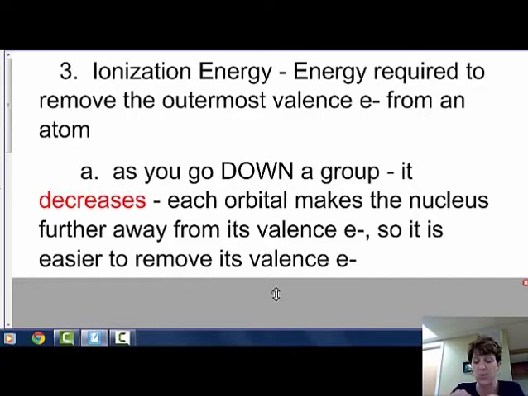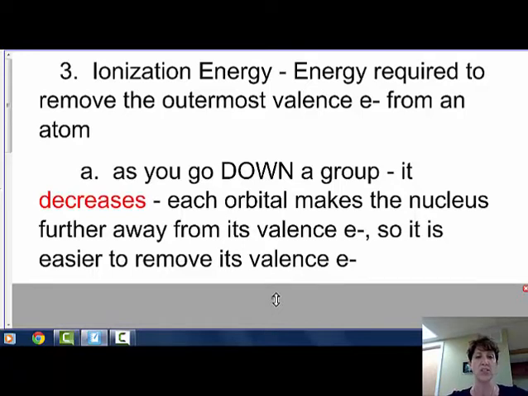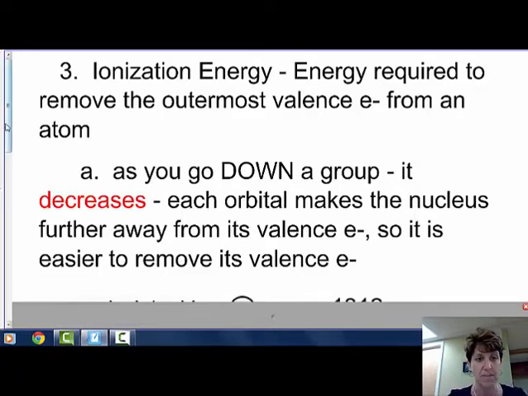Whereas if the kids are on those little chains that the kids are backpacked onto, if she holds her children really close to her, she's not likely to lose a kid. So her ionization energy is really high because they're staying right close to her. So as you go down a group, ionization energy decreases. Each orbital makes the nucleus further away from the valence, so it's easier to remove a valence electron.